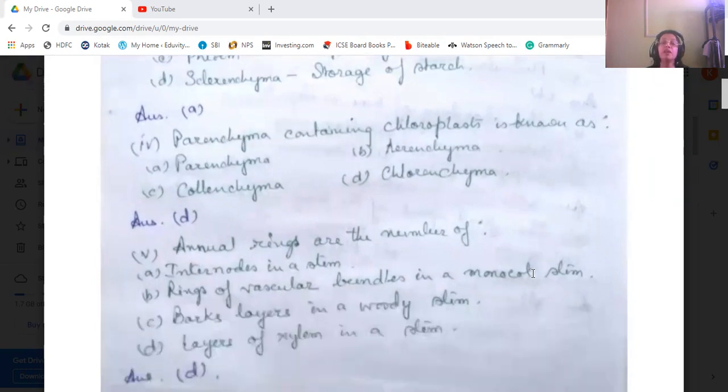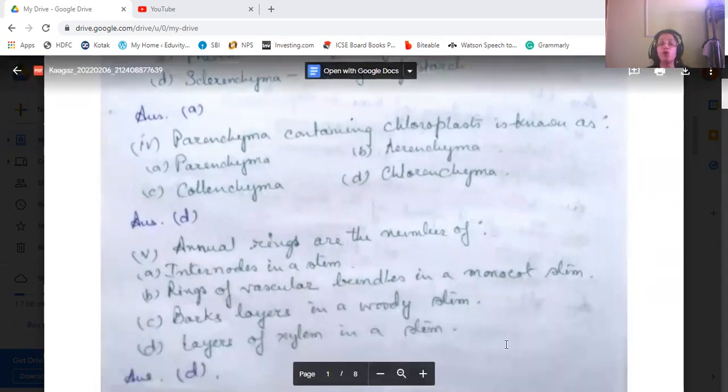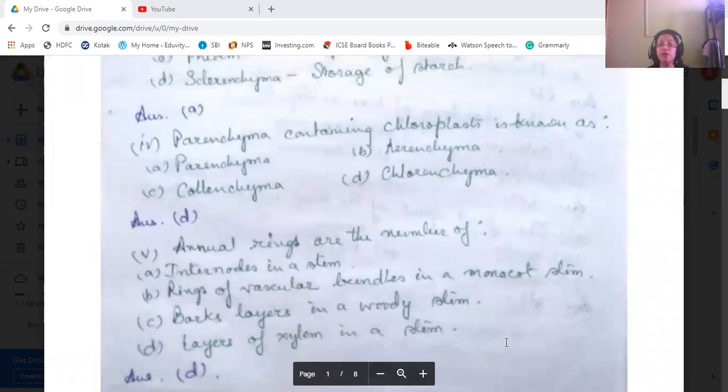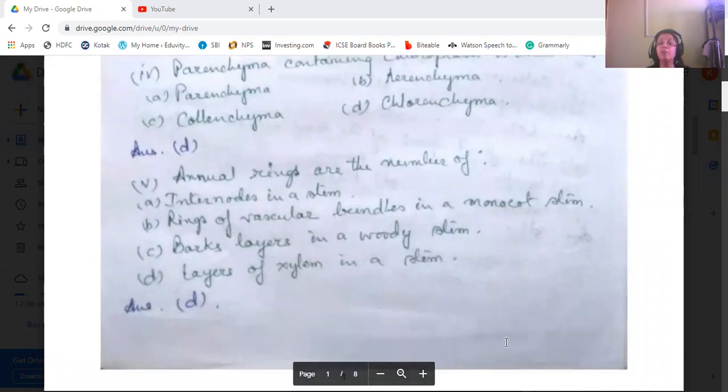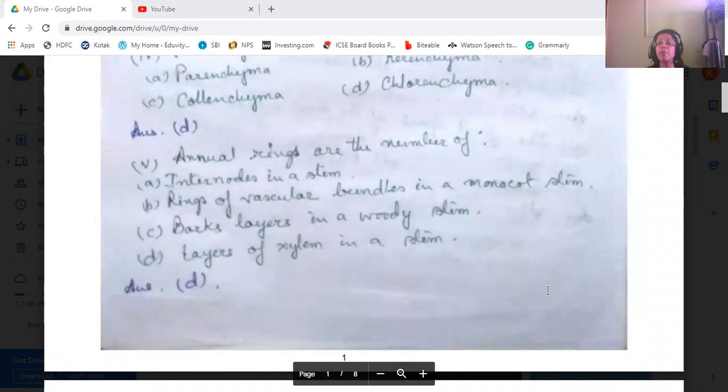Okay. Next is, annual rings are the number of internodes in a stem, rings of vascular bundles in a monocot stem, bark layers in a woody stem, or layers of xylem in a stem. Annual rings are the number of the layers of xylem in the stem.